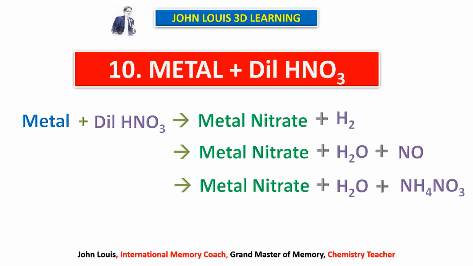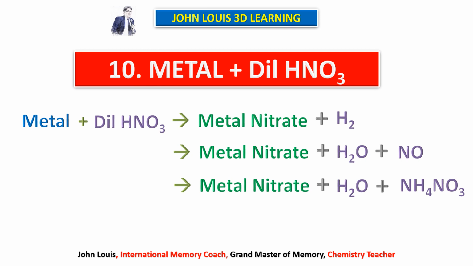It depends on the ratio of dilute nitric acid we are using. If we use a minimum quantity of nitric acid, we may get the first equation, metal nitrate plus hydrogen. If we increase the ratio of dilute nitric acid, we may get the second equation, where nitrogen monoxide will form. And in the last case, metal nitrate plus water plus ammonium nitrate, when the percentage of nitric acid is more, ammonium nitrate will form.